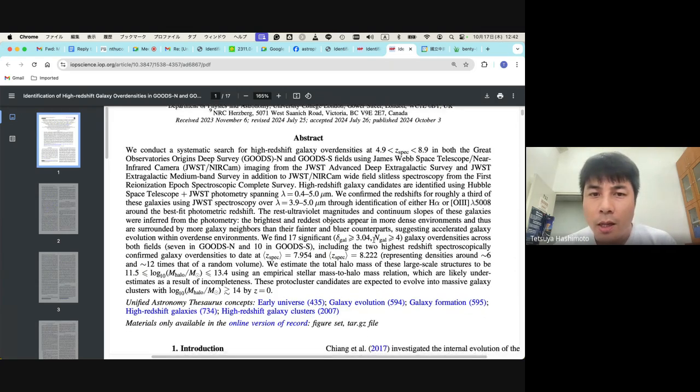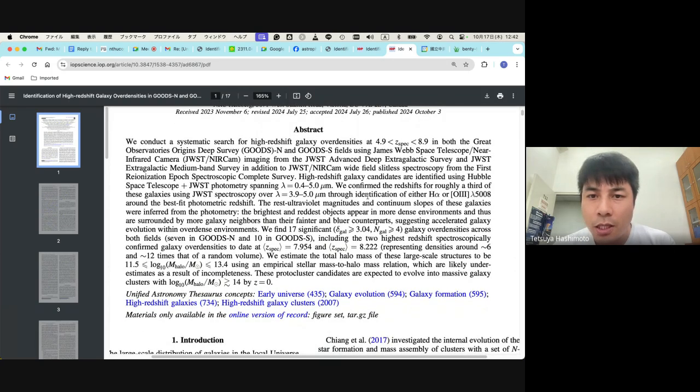And then using this JWST field, which is in the GOODS-North and GOODS-South fields, I think they found 17 or so. 17. Okay. They found 17 significant galaxy overdensities in these two fields in the sky.